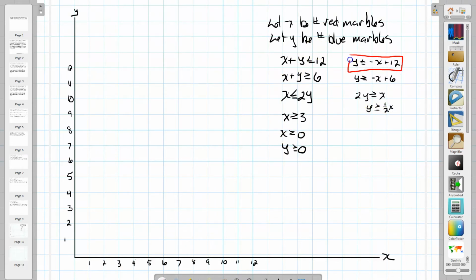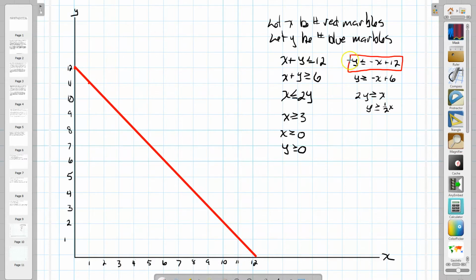First equation: our y-intercept is 12. Our slope is -1, so we go down 1 and over 1. That gives us our 2 points. We can now connect those 2 dots and form a line.